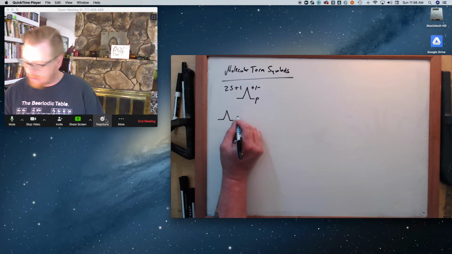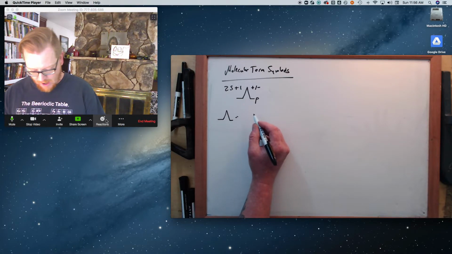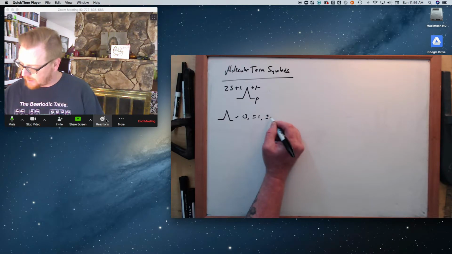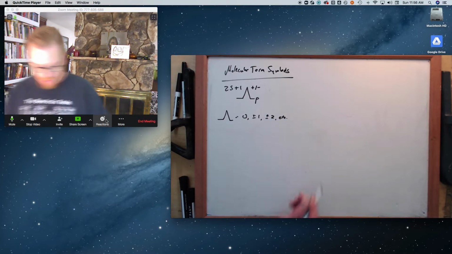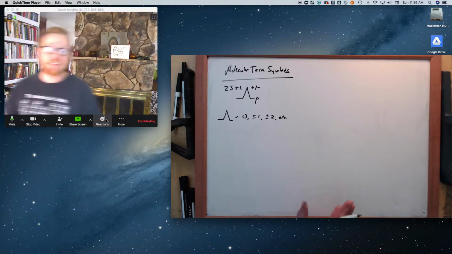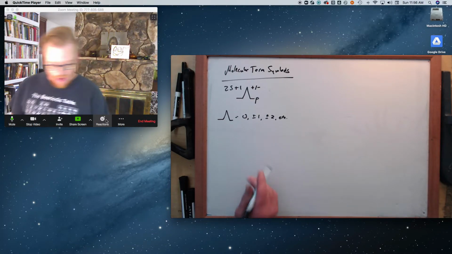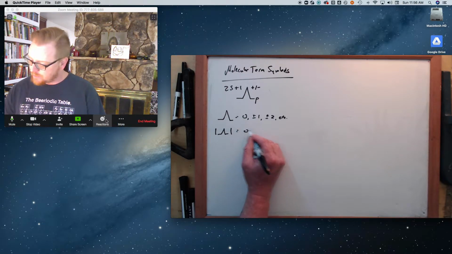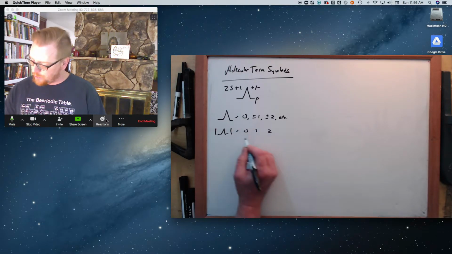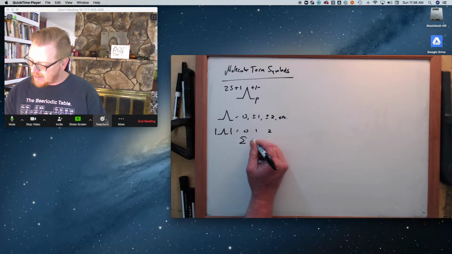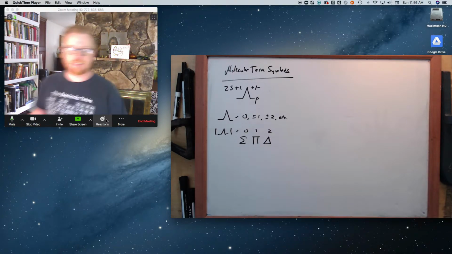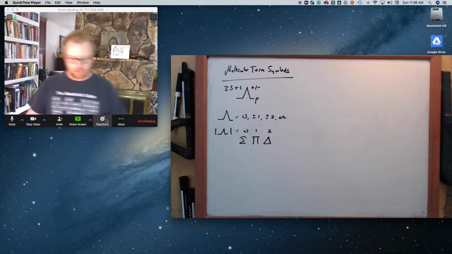And lambda will take on values 0, plus or minus 1, plus or minus 2, etc. And there's significance to the negative signs, okay? And if we look at just the absolute value of lambda for 0, 1, or 2, we would call those sigma states. That's a capital sigma, right? Capital pi, pi states, or delta states, okay, for 0, 1, or 2.